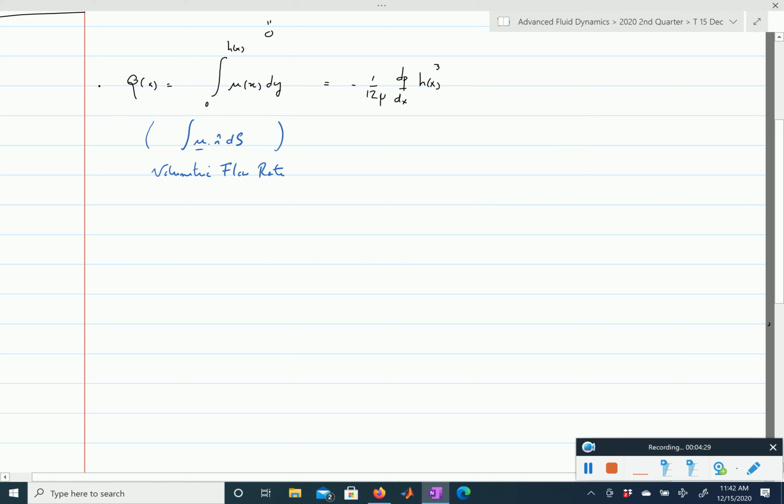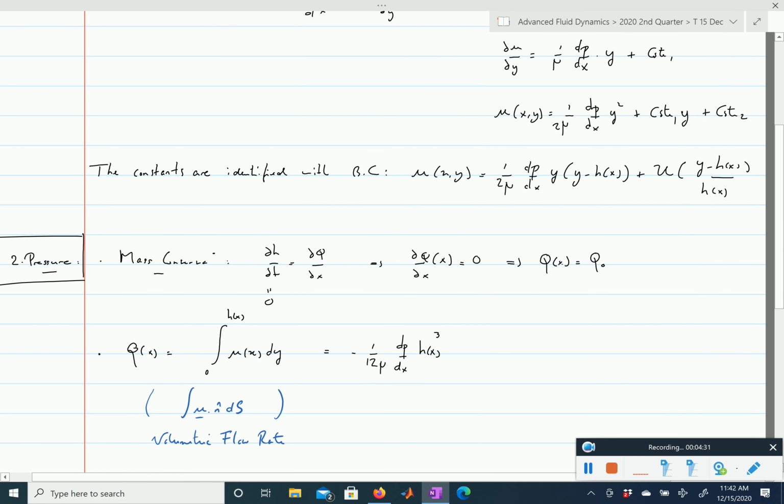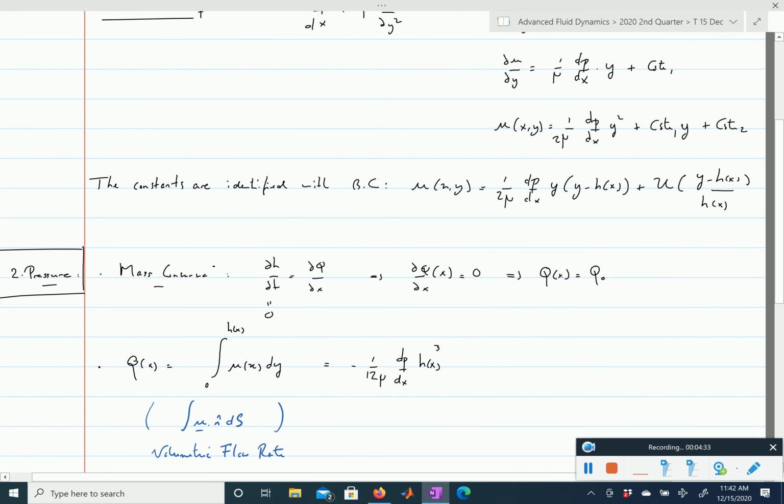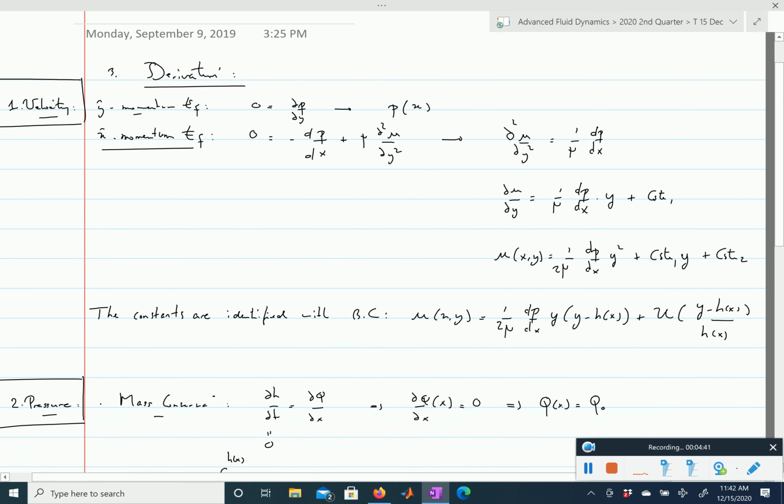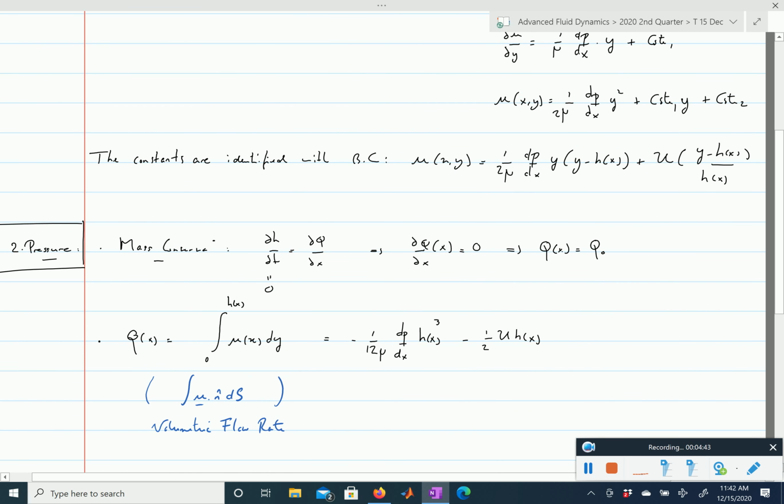That gives us the first term, which is 1/(12μ) dp/dx h(x)³. And the Couette flow gives us a second term, which is minus 1/2 u h(x). This is the volumetric flow rate due to the Couette flow, which is due to the dragging of the flow from the top plate or from the bottom plate, depending on which frame of reference you're sitting in. And the first term is the net volumetric flow rate due to the gradient of pressure in the x direction, due to the squeezing of the film.